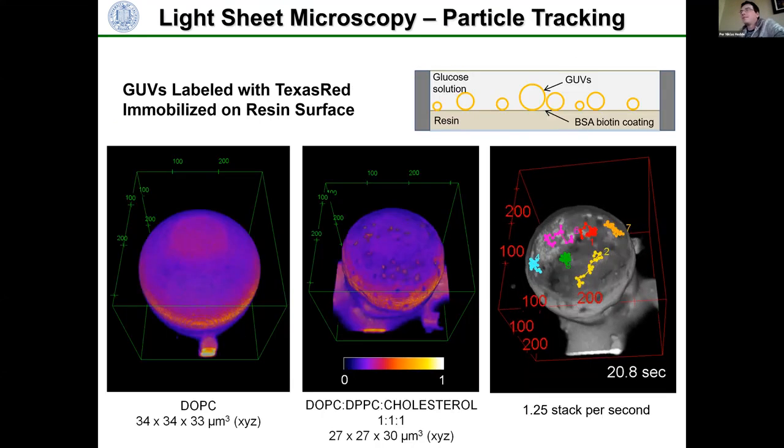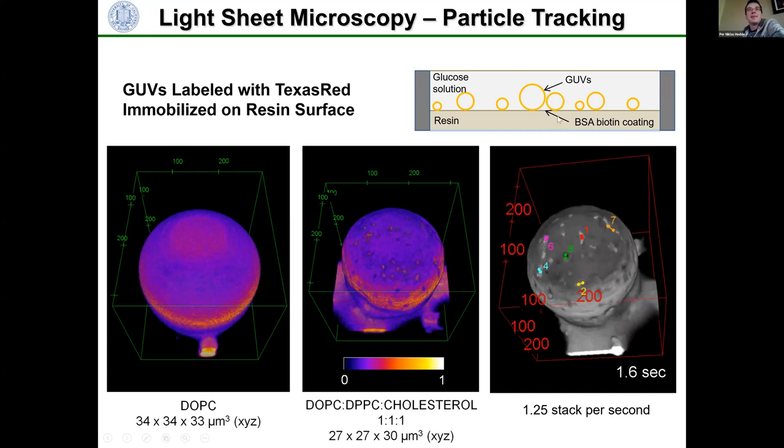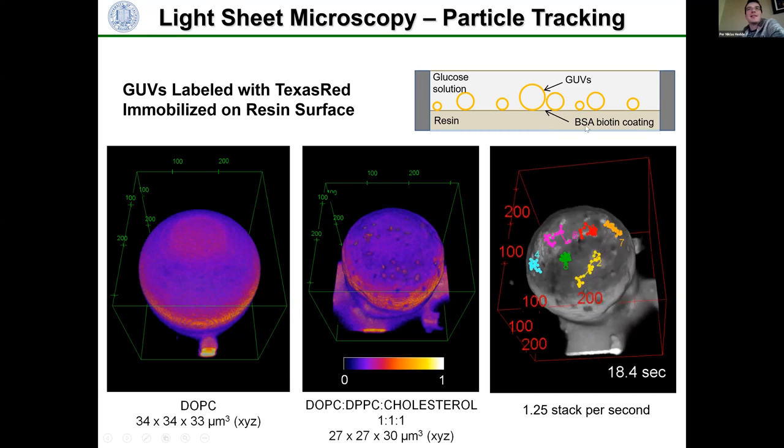Okay, so one example of how you can use this is shown here. We deposited this polymer, and then we deposited giant unilamellar vesicles, GUVs, that were anchored to a BSA biotin coating of the surface. The vesicles were labeled with the dye Texas Red, and we had two different lipid compositions.